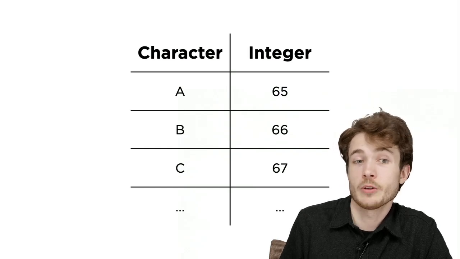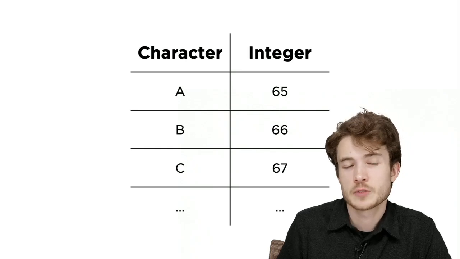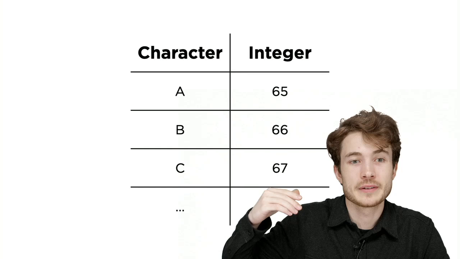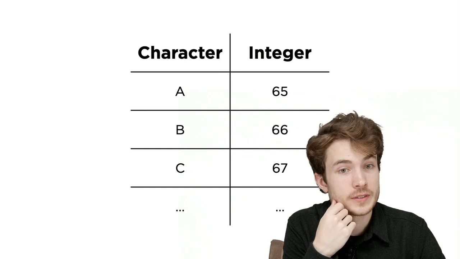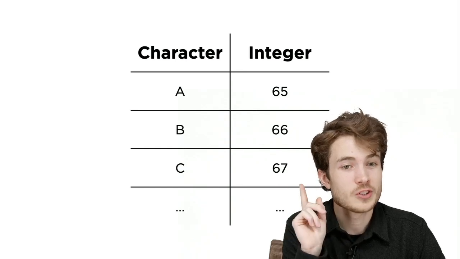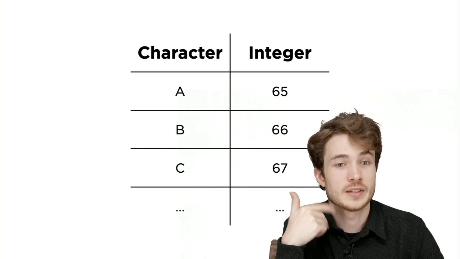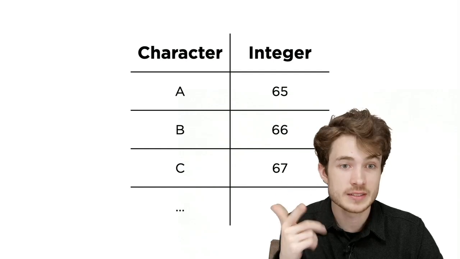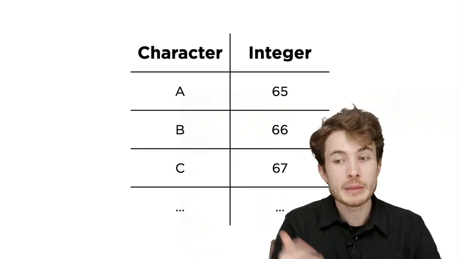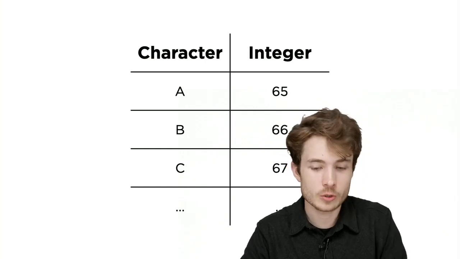So one thing I notice here is that as we go forward in the alphabet, from A to B to C, the integer representation is actually increasing as we go. So first 65, then 66, then 67. So maybe we could use that pattern in our own code here.